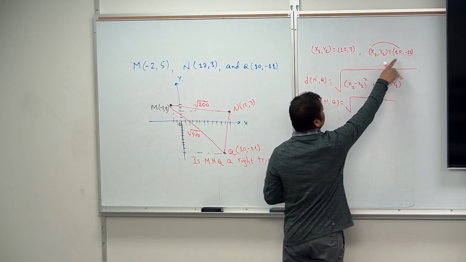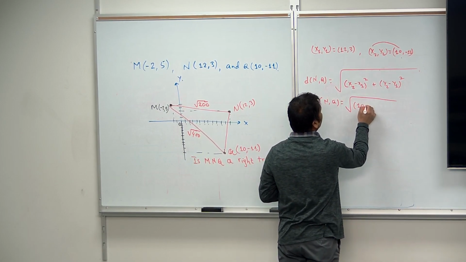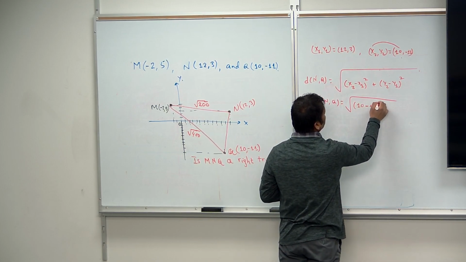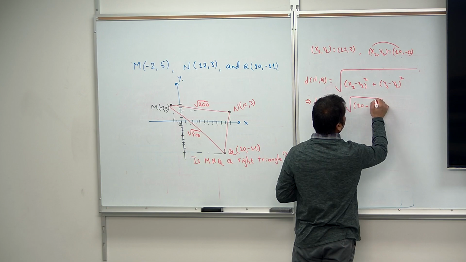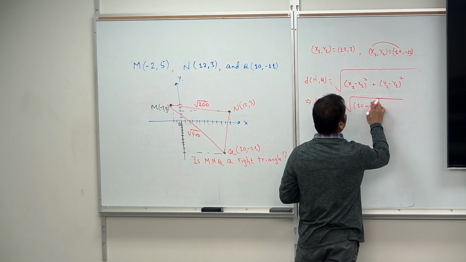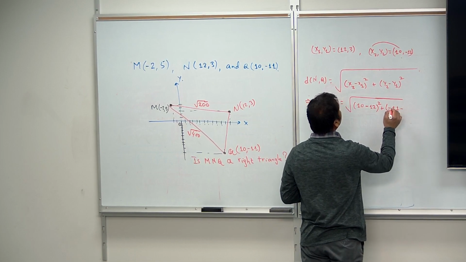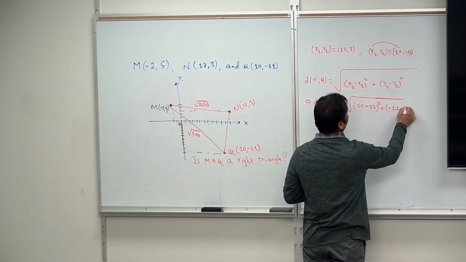Your x2 is 10, so this is 10 minus x1, which is 12. 10 minus 12 is squared, plus, what is your y2? Your y2 is negative 11 minus, what is your y1? 3.